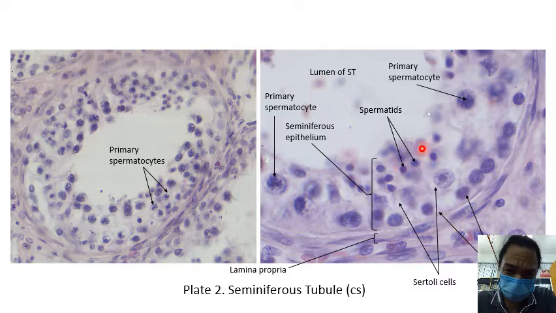And then the secondary spermatocyte is difficult to come by. What we see here instead are spermatids. These are the ones with very compact nuclei. These are already haploid, as opposed to the diploid primary spermatocytes. And these ones will mature.